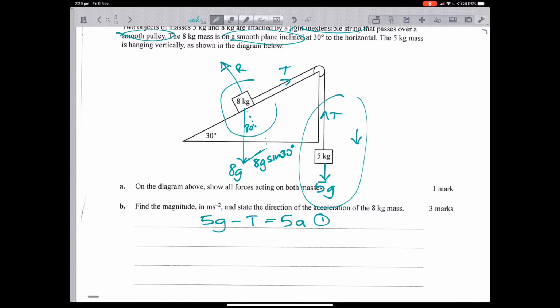And then if we look at this component here, I've got T, which would be going that way, so T minus 8G sine 30. Now sine of 30, from the 1, 2, root 3 triangle, is going to be a half, so it's going to be 4G. That equals our mass times acceleration, so 8A.